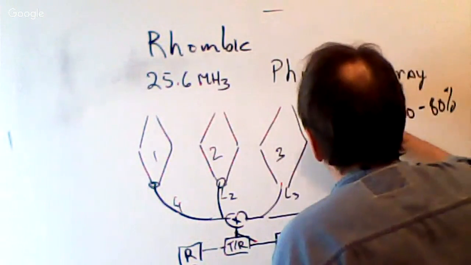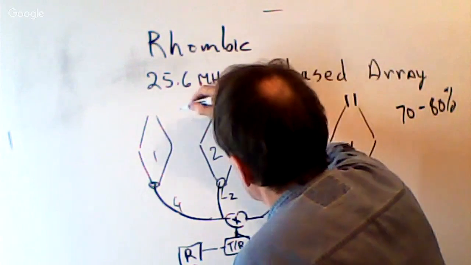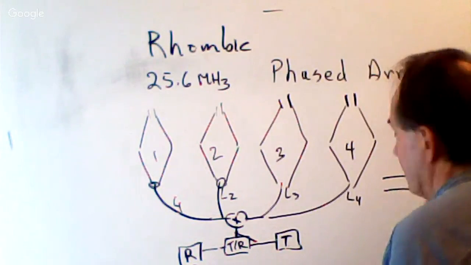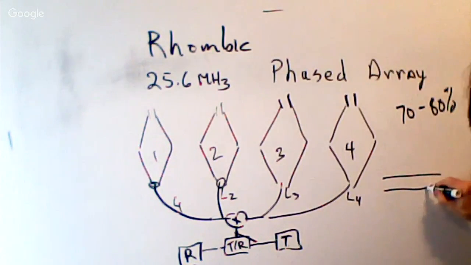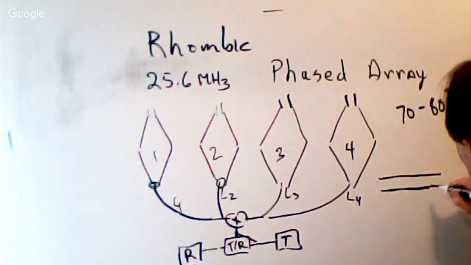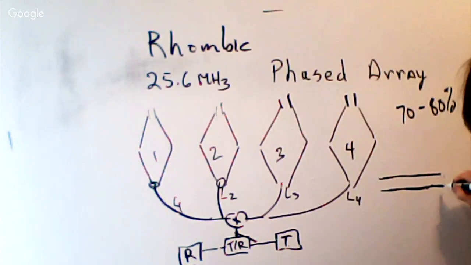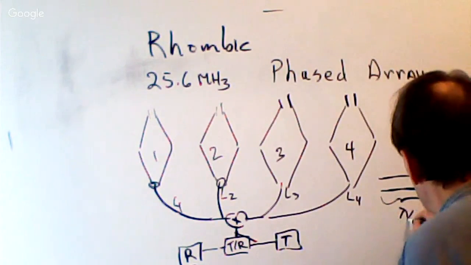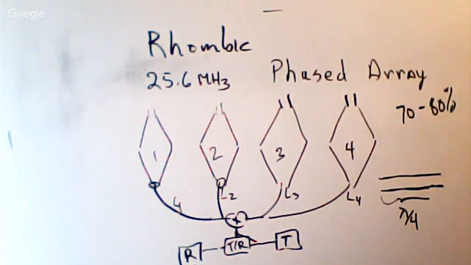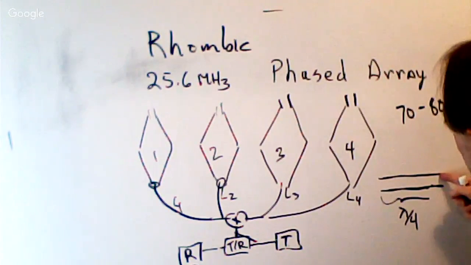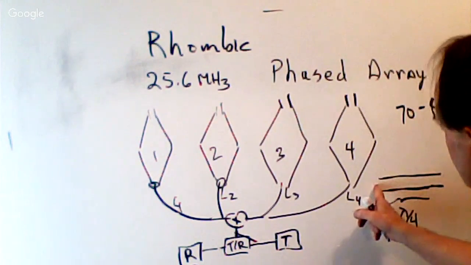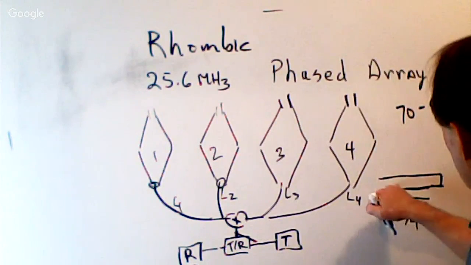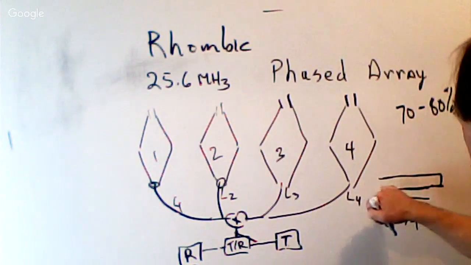An open stub is just a piece of transmission line that's open, and depending upon the wavelength, if you open or short a piece of transmission line, let's say you choose a quarter wavelength for its overall length. If it's open on this end at a quarter wavelength down the line, it looks like a short. And if you short this end of the line, it looks like an open on this end of the line.